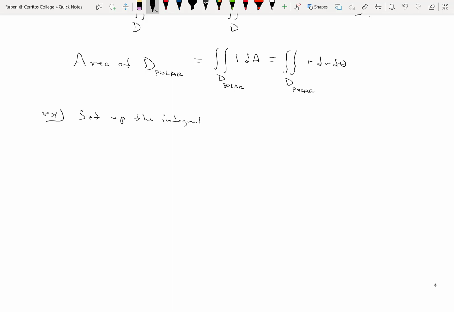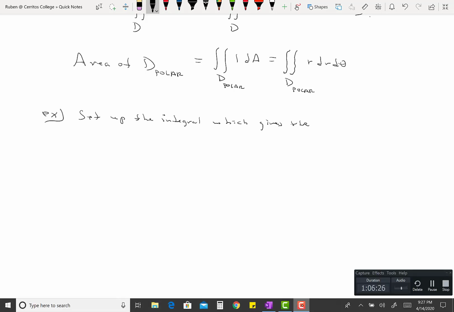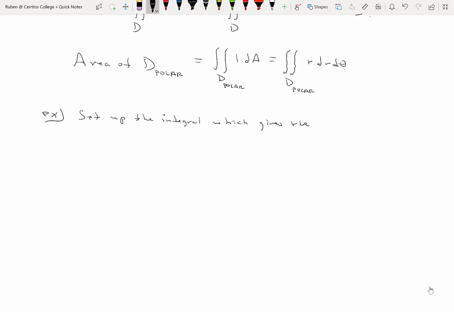Integral, which gives the area, let's say outside r equals 1, so a circle of radius 1 centered at the origin, and inside a kind of common polar graph, r equals 1 plus cosine theta.